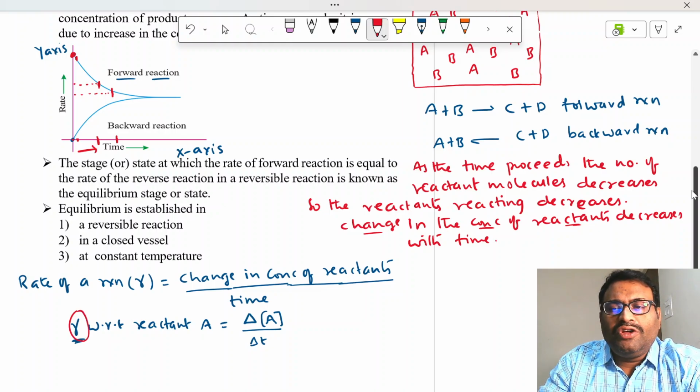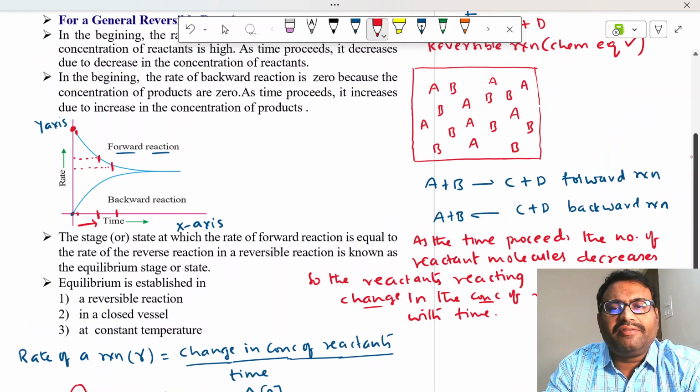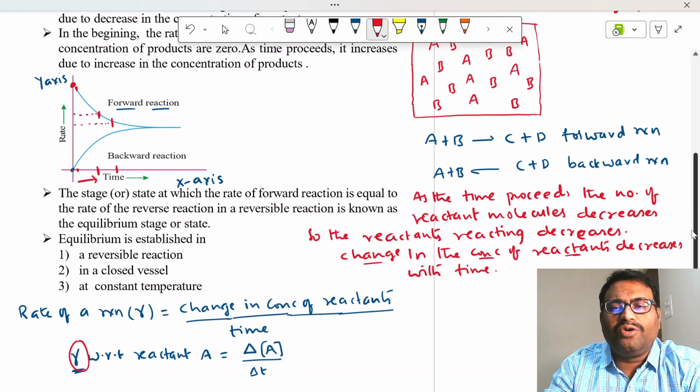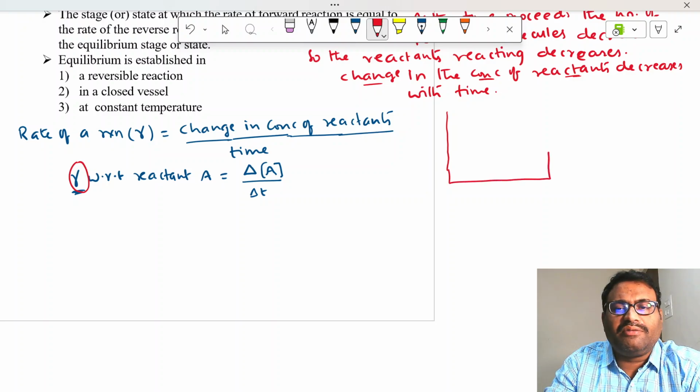So initially there are only A and B in the container. Now as the reaction happens, what happens? As the reaction proceeds, A and B decrease, and C and D start increasing, right?